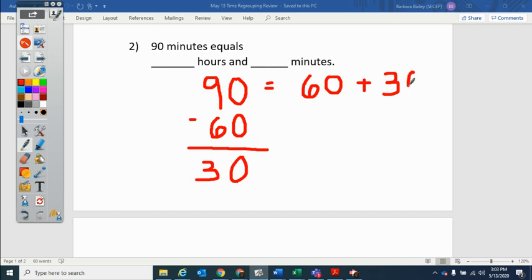Okay, why am I using 60? Because 60 minutes is equal to an hour. So instead of 90 minutes, I'm going to say I have 60 plus 30 minutes, and 60 minutes is 1 hour. Plus, I still have 30 minutes.